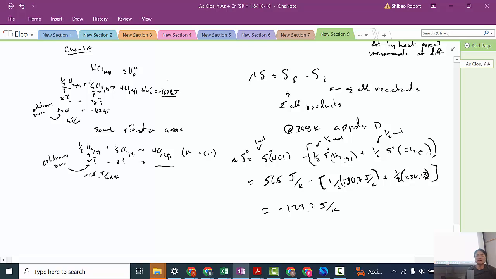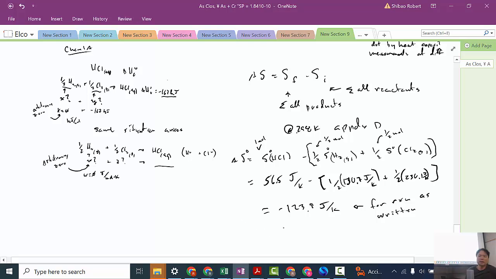This is for the reaction as written. What that means is we could use this as a conversion factor.